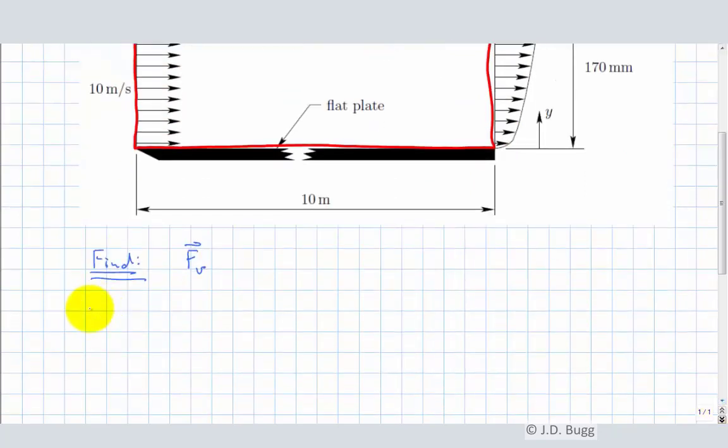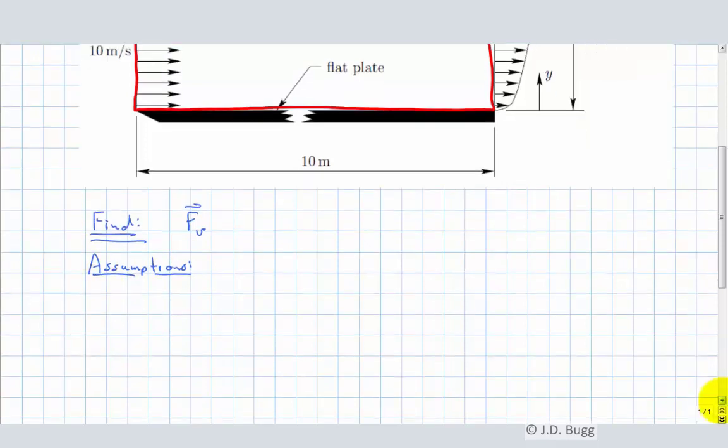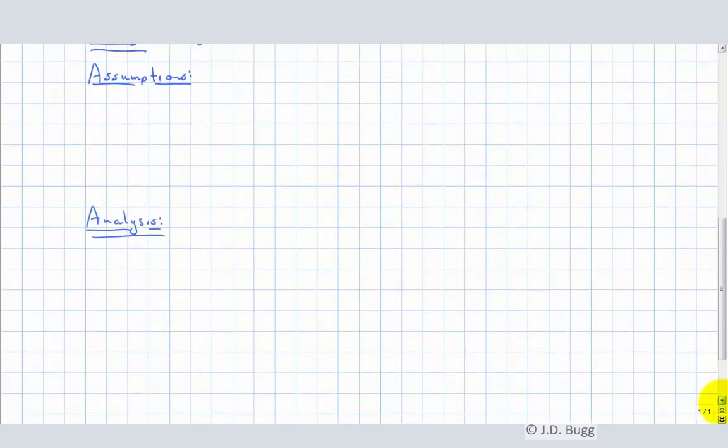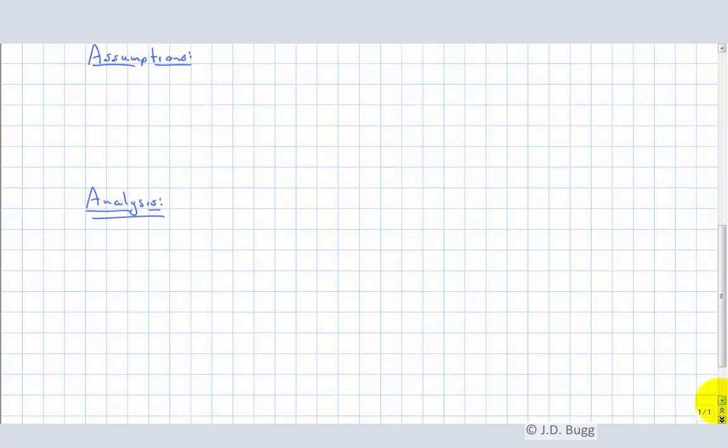So we'll begin with our list of assumptions, and we'll add to the list as we make them. The analysis: we'll begin here. We've already recognized that this is conservation of linear momentum, so we'll begin with the linear momentum equation.